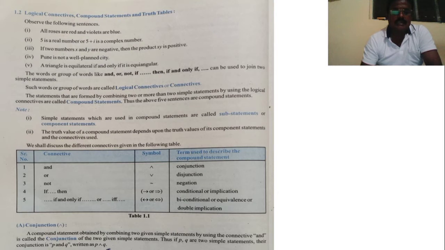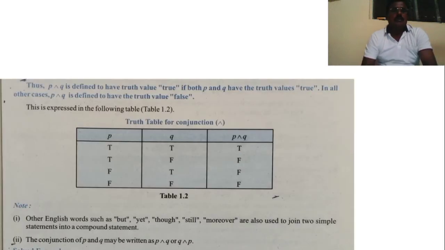P and Q is defined to have truth value as follows. P is the first simple statement, Q is the second simple statement, and the connective is and.